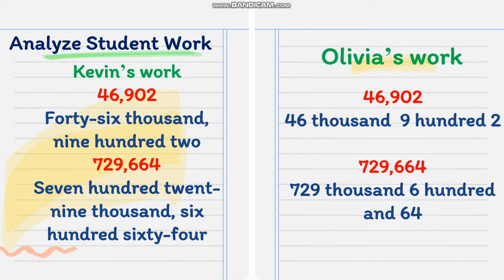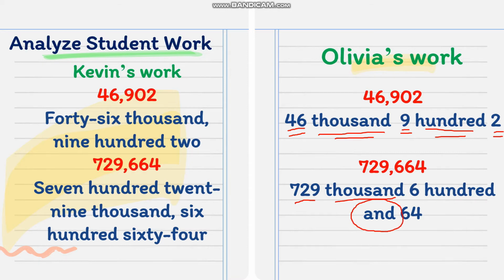For Olivia's work, she wrote 46 as a number and 1,000 as a word, 9 as a number, 100 as a word, and 2 as a number. The same thing in 729,664, she combined numbers and words. And as you can see, she used the word and.